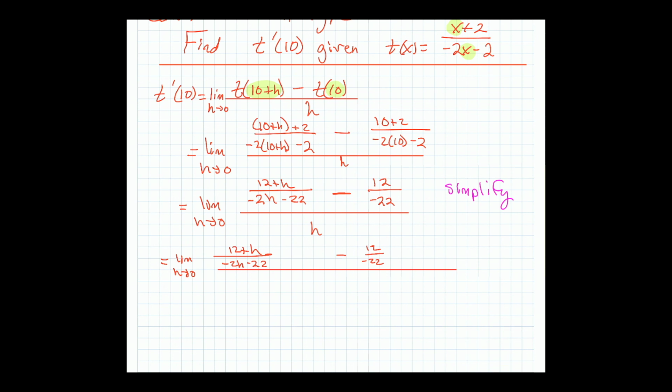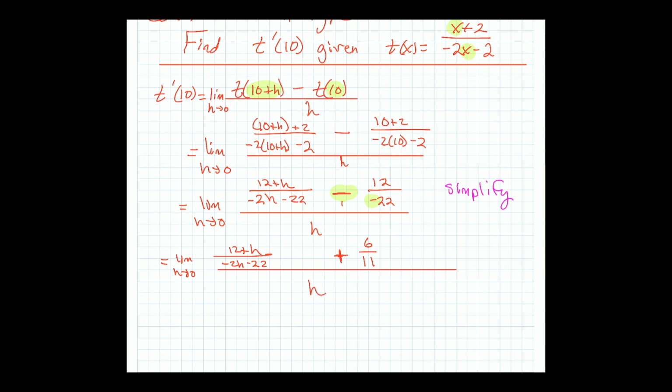Now, if you want, you can reduce that. So I've got a minus here, and I've got a minus here, right? So minus a minus is actually a plus. So let's turn that into a plus. And 12 over 22, if you cancel a 2 out, will give you 6 over 11.